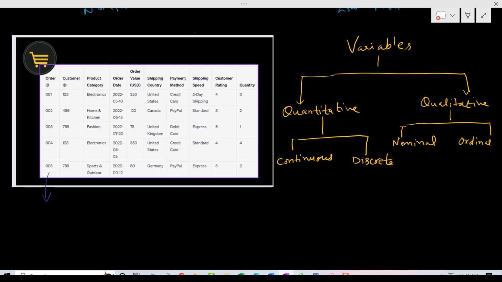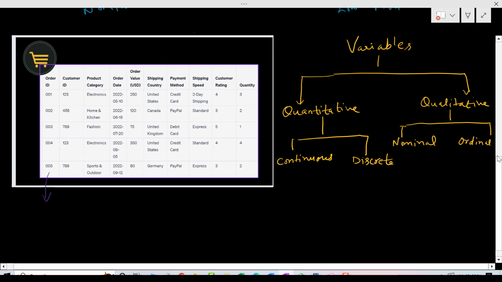It is a qualitative variable. It is representing a quality, which is an identification of the order, right? And what kind of qualitative variable is it? Is it nominal or ordinal? Definitely order 0, 1 is not better than order 0, 2, right? We can't say that. So it is a nominal qualitative variable.